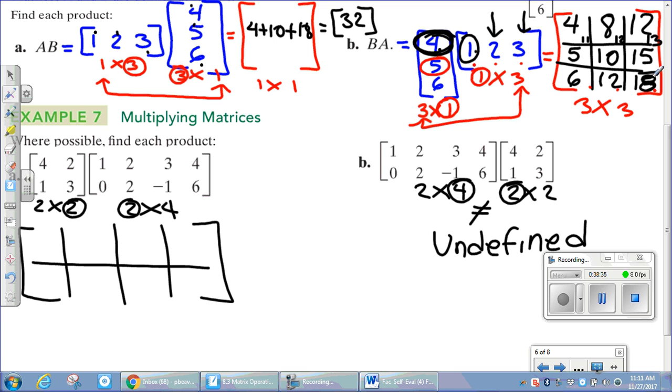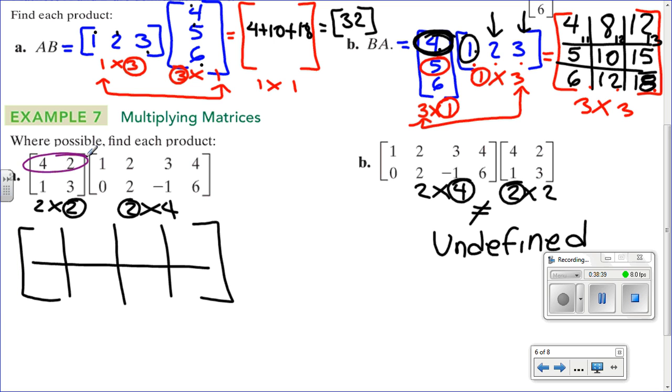Hopefully. So let's multiply. We have first row, first column. 4 times 1 is 4. 2 times 0, 0. Then we move on to first row, second column. 4 times 2, 8. 2 times 2, 4.